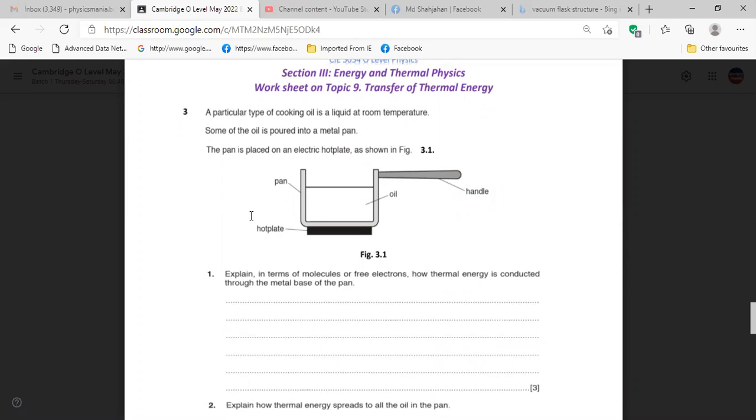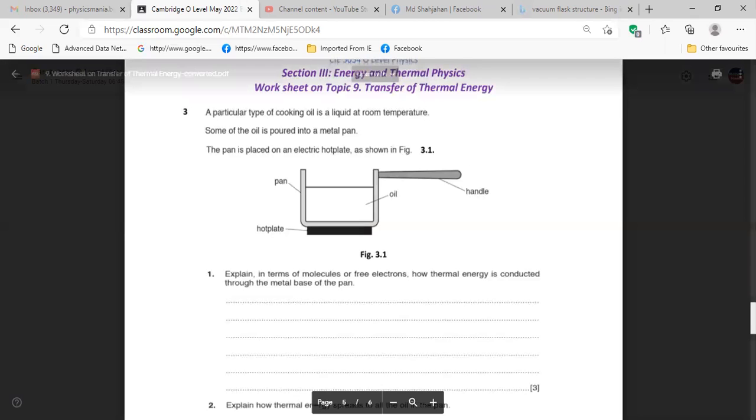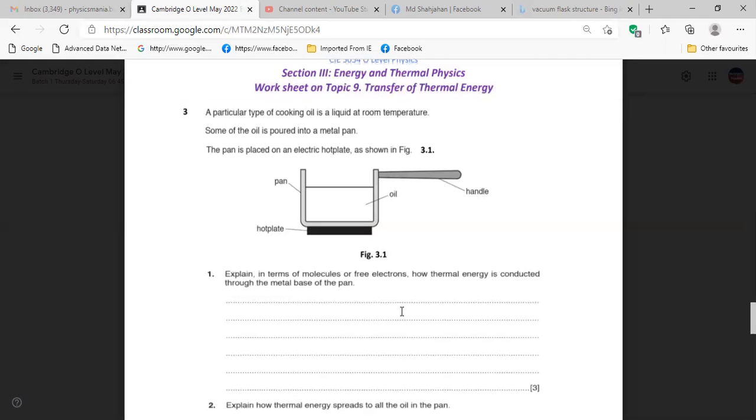So how is the conduction process happening here through the metal base of the pan?